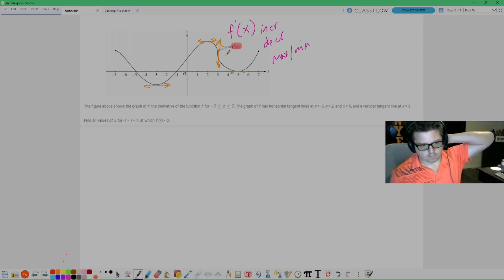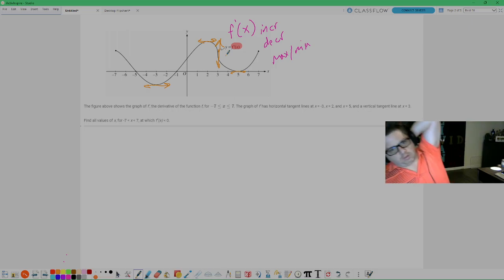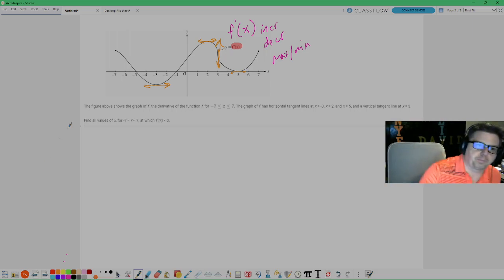Okay? Find all the values of x where the second derivative is less than 0. So that means our slope has to be decreasing. So when we look at these, is this decreasing, decreasing, decreasing?